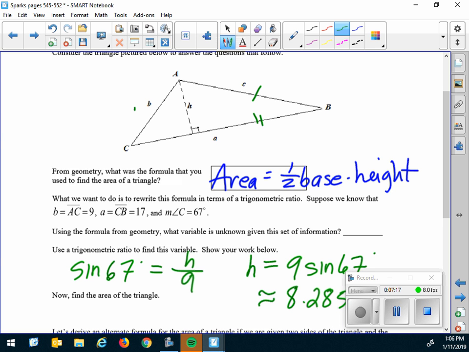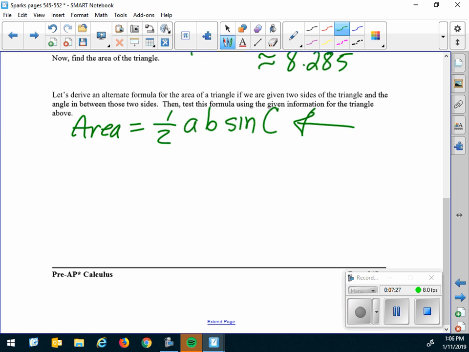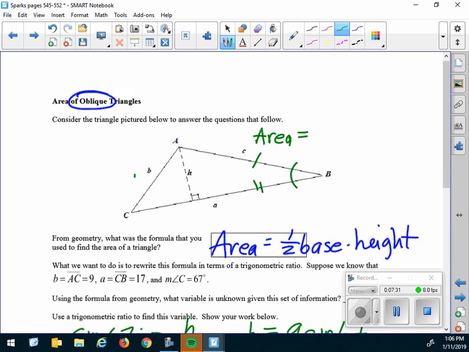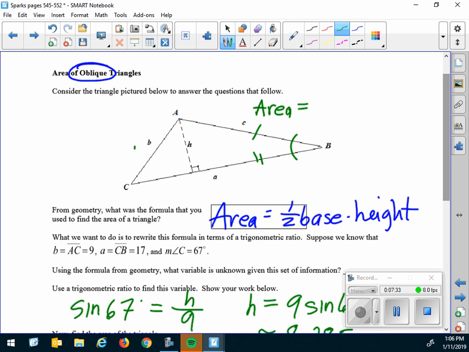Because B is the included angle with sides A and C. You with me? So we would write the area formula as, and write this down here, okay? I just don't want to have to scroll back and forth. As 1/2 of A times C times the sine of angle B.